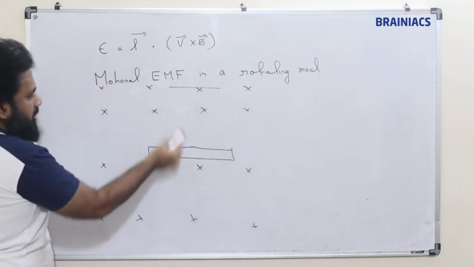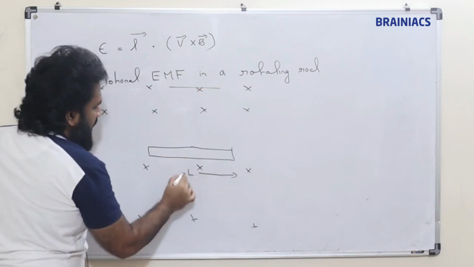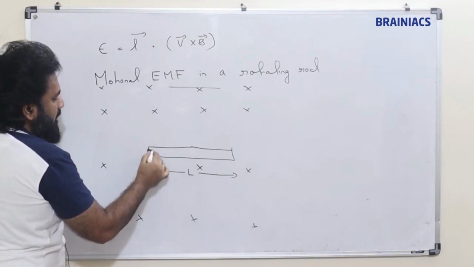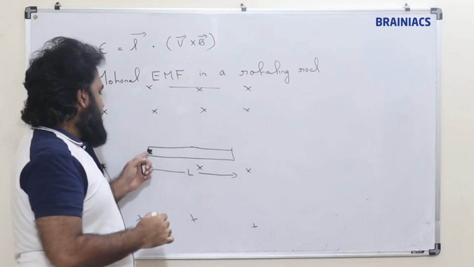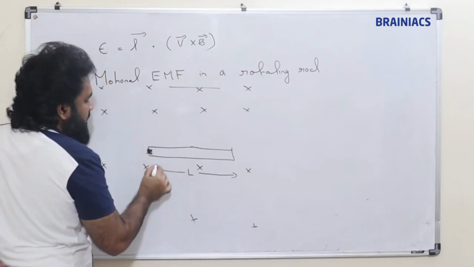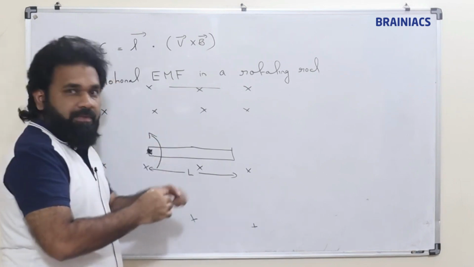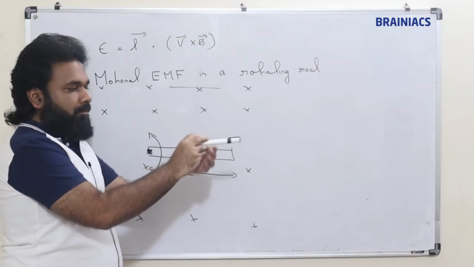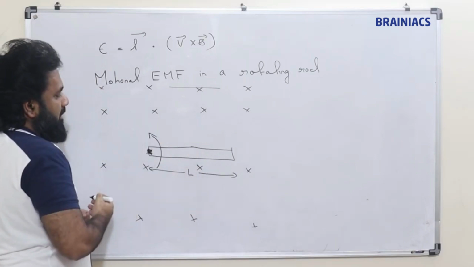Say this rod is of length L, and based on this pivot, suppose the rod is turning just like this, in rotation.